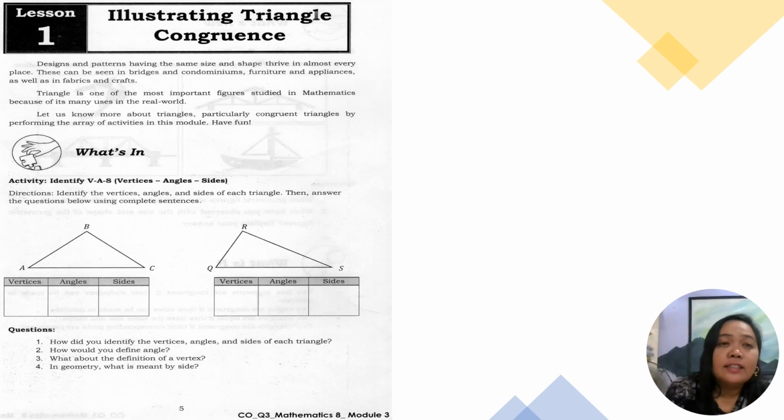Now, since you are done answering your pre-assessment test, we shall proceed to page 5 of your SLM. We are about to begin Lesson 1 on illustrating triangle congruence. From the word congruence, we have the word congruent.